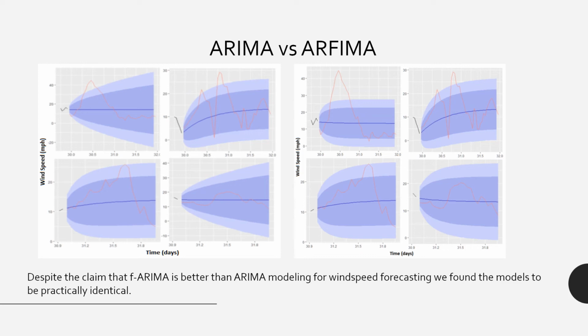It seemed that the ARIMA modeling included more of the variance that was found in the actual test data, but we didn't really notice a drastic improvement in our fractional ARIMA model.